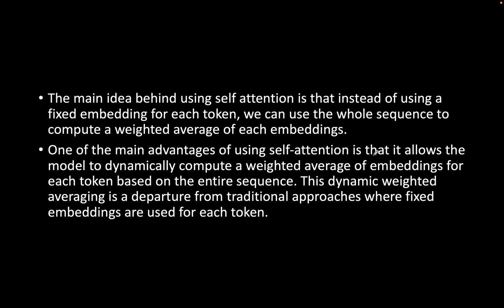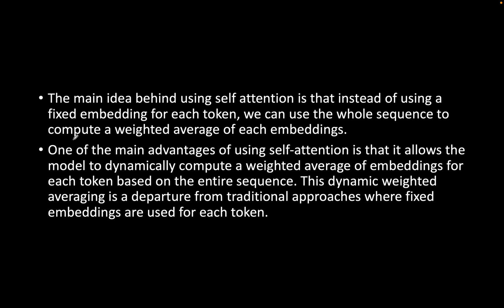The main idea behind using self-attention is that instead of using a fixed embedding that we generated in the first case for each token, we use the whole sequence of embeddings and compute a weighted average. So we don't use the initially generated embedding.